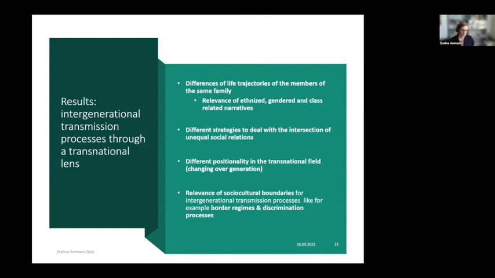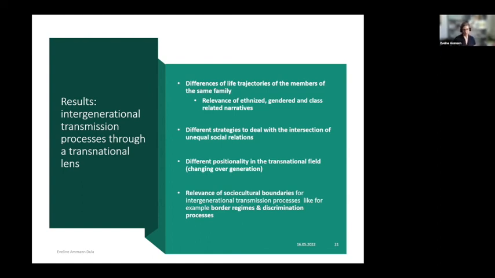So these are in general my results, like the differences of life trajectories of the members of the same family I was investigating, and the relevance of ethnicized, gendered, and class-related narratives for their strategies. All of them were experiencing different kinds of placements in society. And they develop different strategies to deal with the intersection of these unequal social relations.